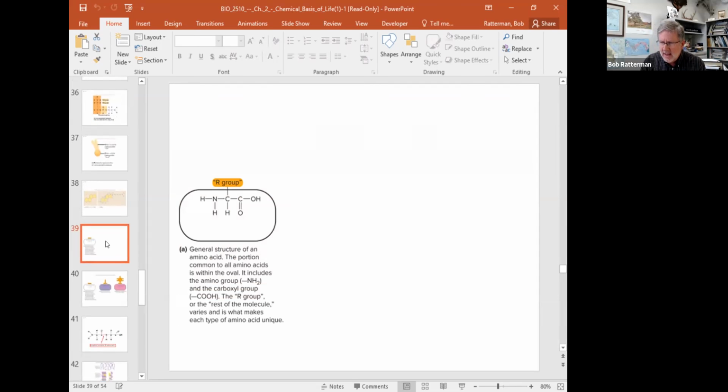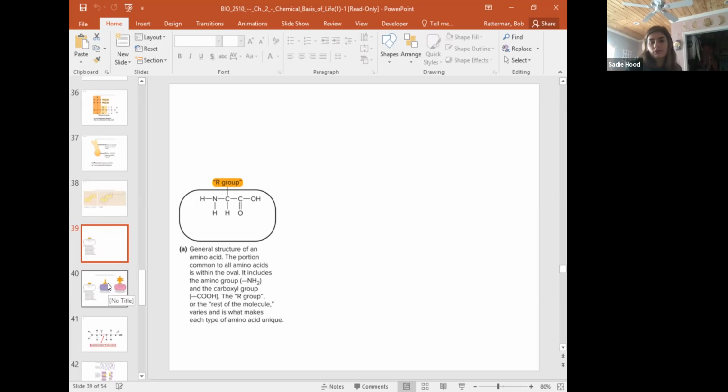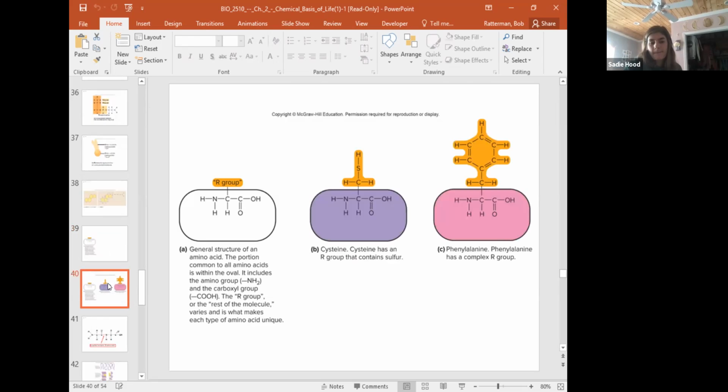In terms of proteins, what should I know about proteins? Well, you should know what the building blocks of proteins are. Do you know what they are? Amino acids. Right, amino acids. What is an amino acid? Well, an amino acid is a chemical that has what's called an amine group. So if you look up here on the slide, this N bonded to the two hydrogens, this is called an amine group.